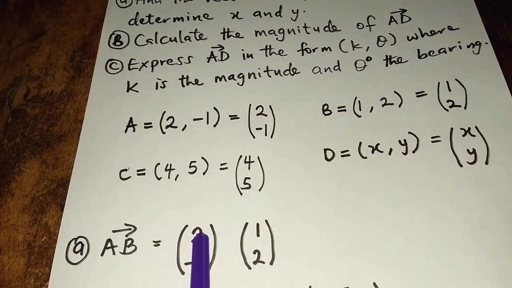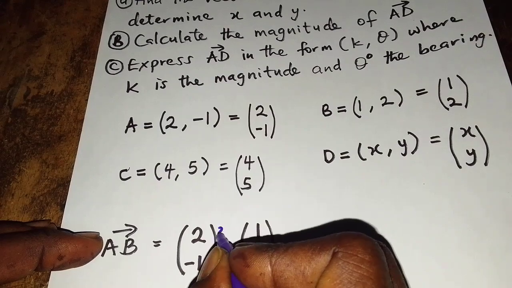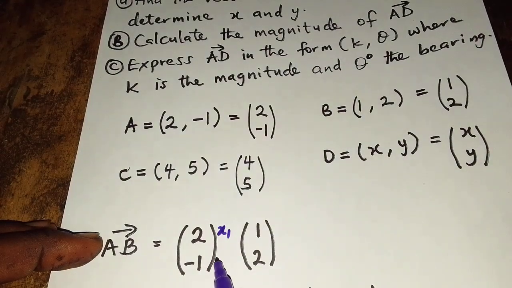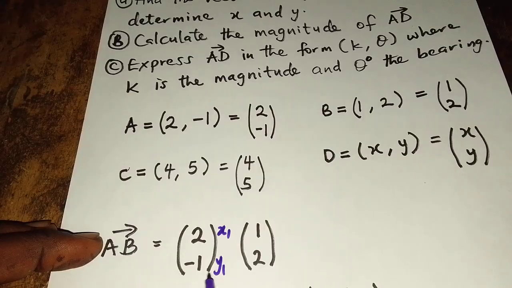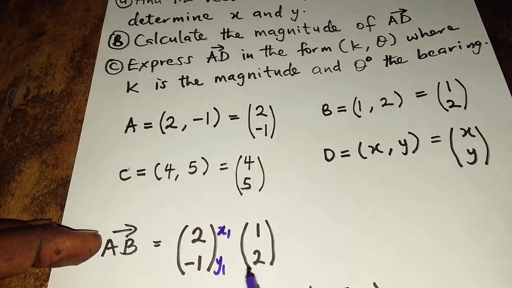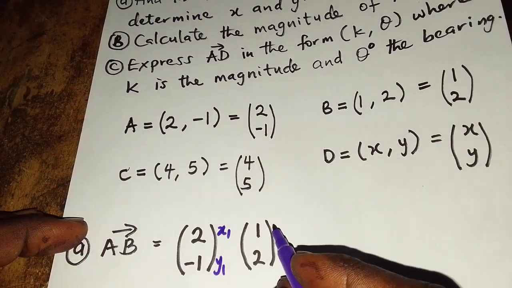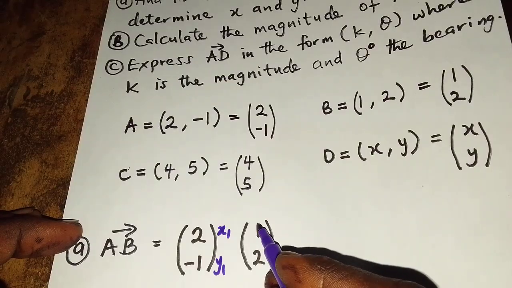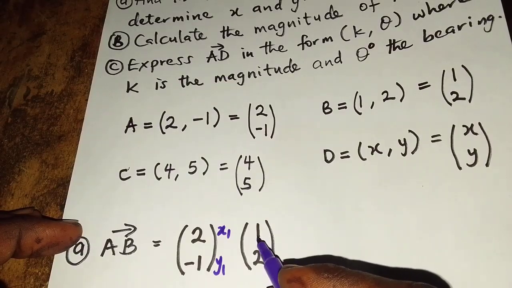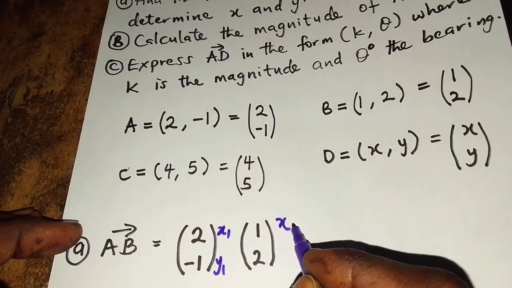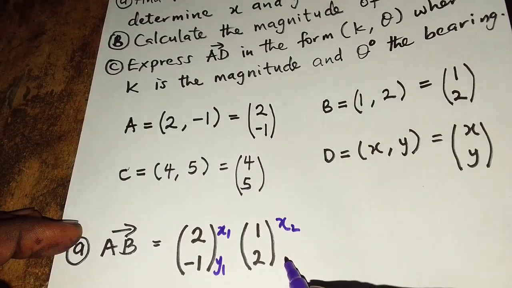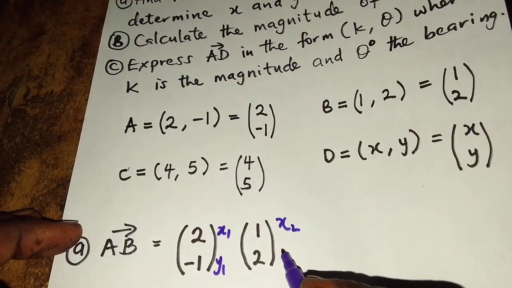So you take the coordinate of A to be your x1 and y1: 2 represents x1, -1 represents y1. Then the coordinate of B, x is 1 and y is 2, represents x2 and y2: 1 is x2, 2 is y2.